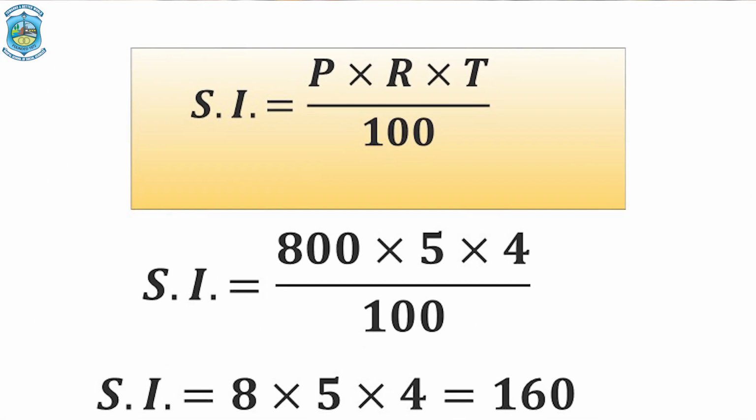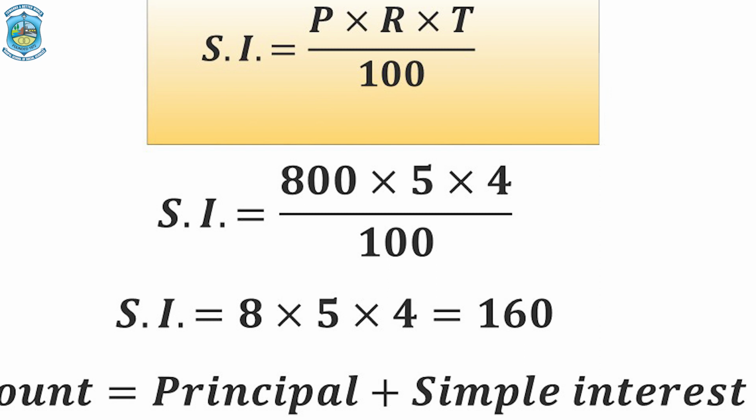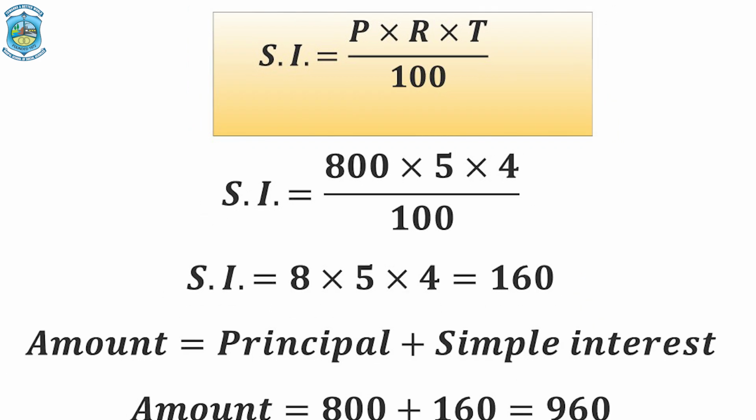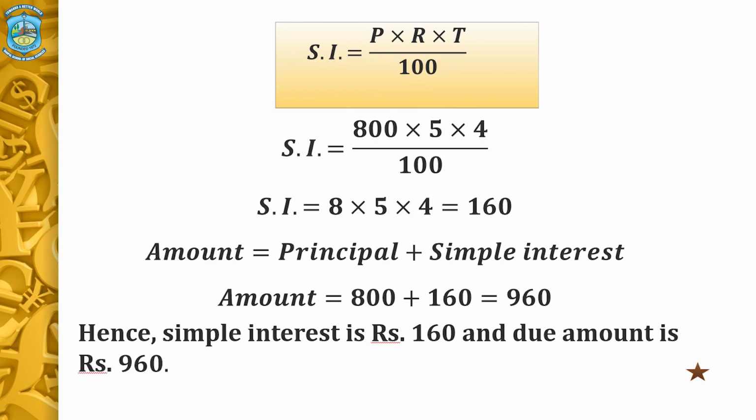To calculate simple interest, we apply the formula SI equals PRT by 100 and then we substitute the values P is 800, R is 5 and T is 4. Now, we simplify this term and we get simple interest is 8 multiplied by 5 multiplied by 4. After multiplication, the value is 160. Hence, the simple interest on this amount is rupees 160.